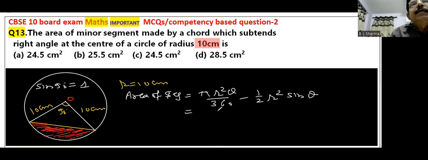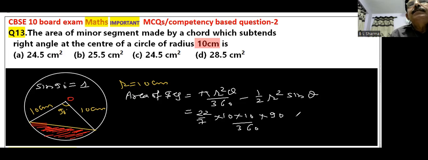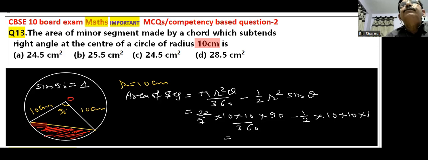जब ये एंगल 90 डिग्री हो, देखिए theta is 90 degrees, so sin 90 degrees is 1 here. So pi is 22/7, R is 10 into 10 into 90 divided by 360 minus 1/2 into 10 into 10 and sine theta is 1. On calculating, I think you have to calculate yourself.